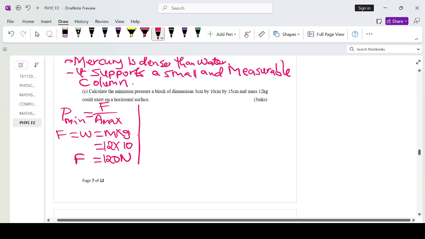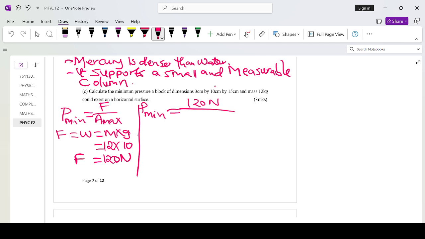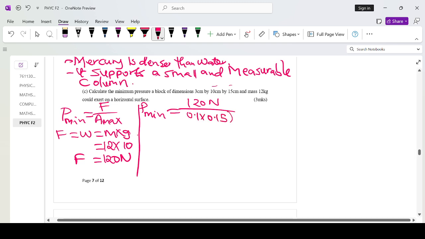After I've gotten my force, I can now proceed and say minimum pressure is obtained by taking the force, which is 120 newtons, divided by maximum area. Maximum area can be obtained by the bigger values, this and this. So 10 over 100, that is 0.1 times 0.15, in meters squared when you do the multiplication.